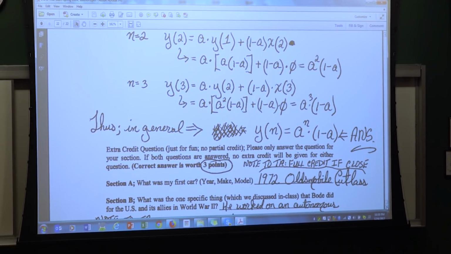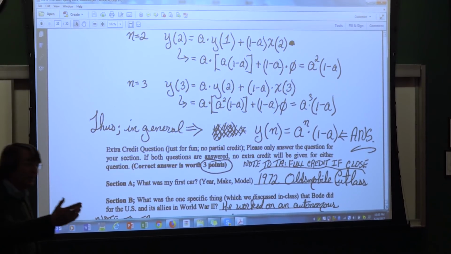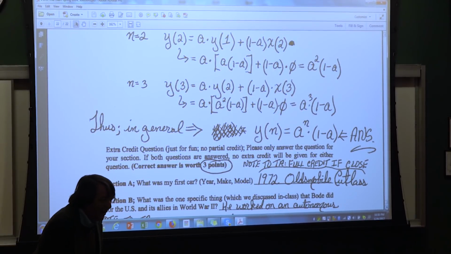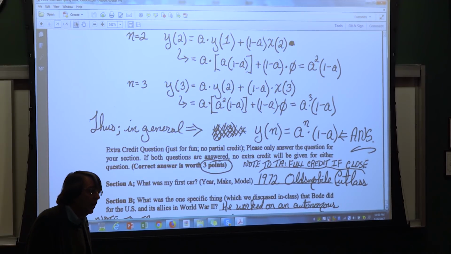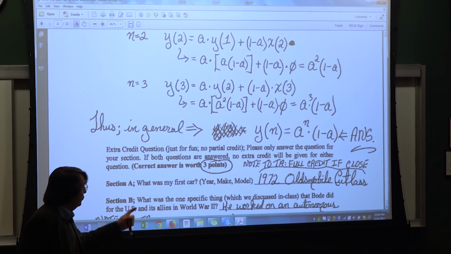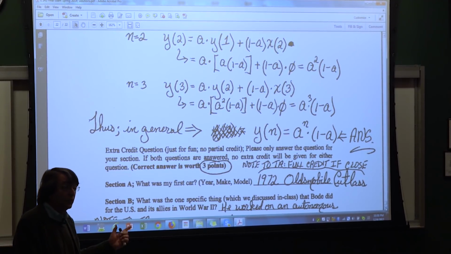Are we good? We got one last question to go on a separate exam that deals with Chapter 7. How may I be of help? I'm sorry? Why? Have you seen this equation before? Oh, this was the same problem as in class?